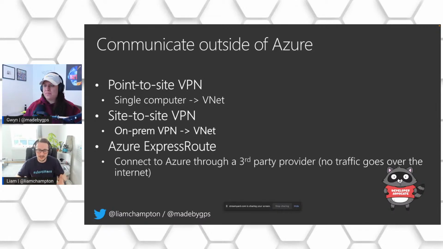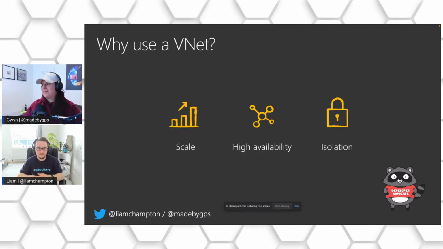This is a service provided by Azure, and we have partners which allow you to use a third-party provider to connect to Azure from your site. So rather than doing it site-to-site in your own way, you can use a third-party provider. No traffic goes over the internet with this, like I've got on this slide. It is very, very secure. This is probably the most secure way out of all of them to get a connection to the cloud from your on-premise site.